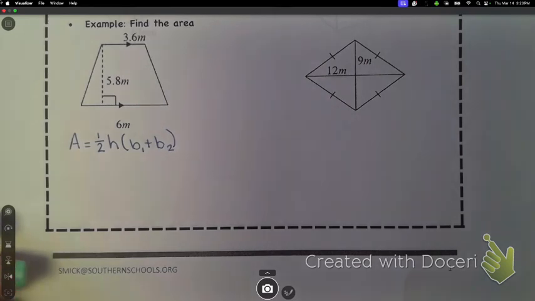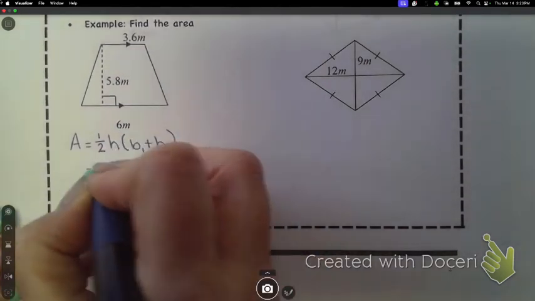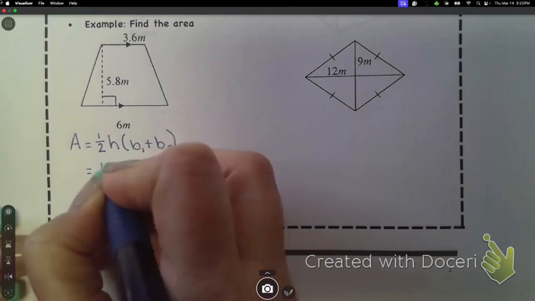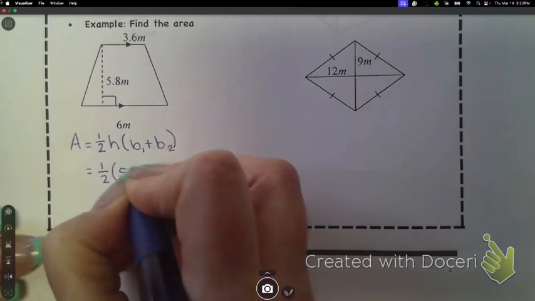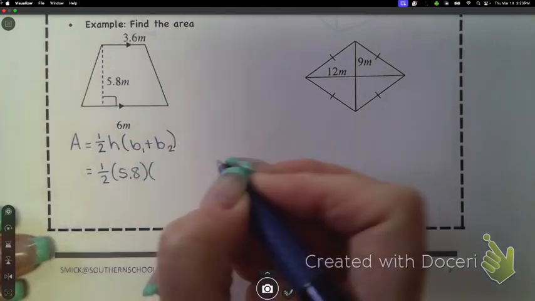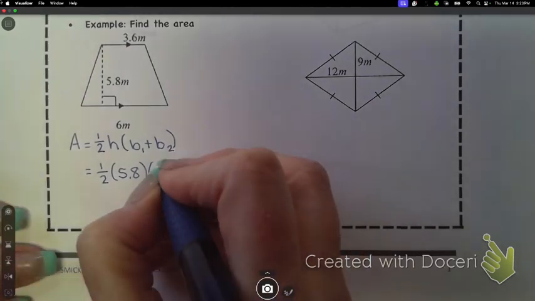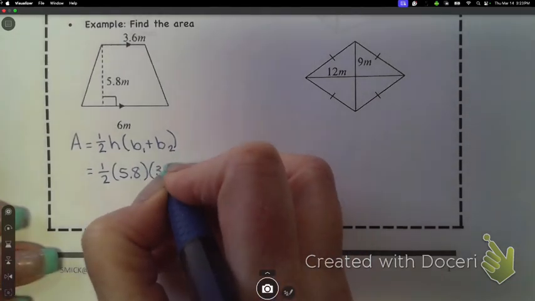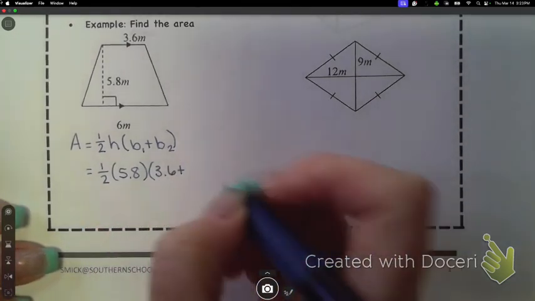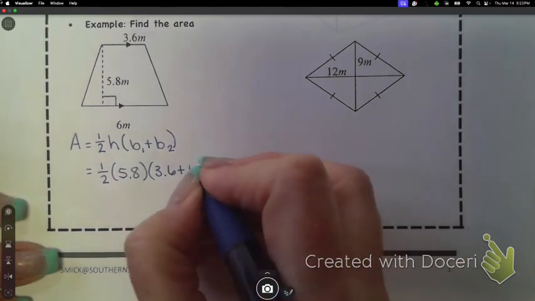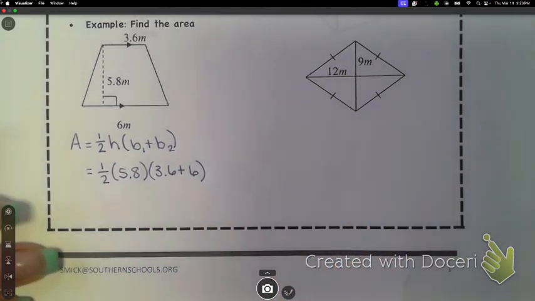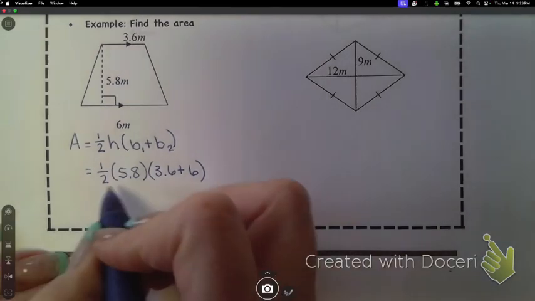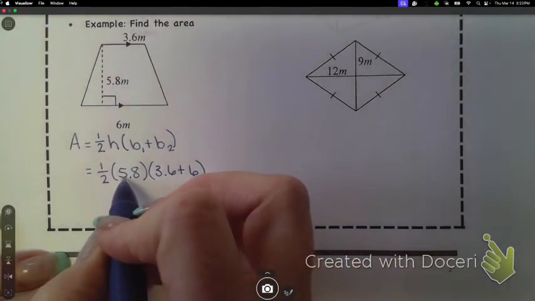Oh, well. Okay, so 1/2, what's the height? 5.8. Base 1, 6.6, 3.6. Or could I put 6? Yep. Base 2? 6. Okay. Well, 5.8 is the same as 58, yes?